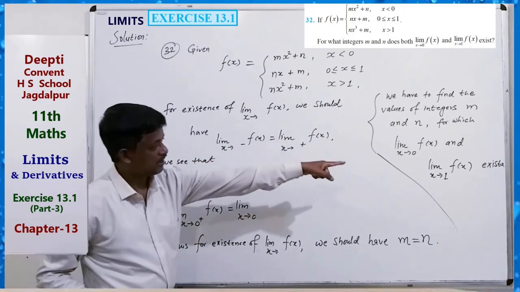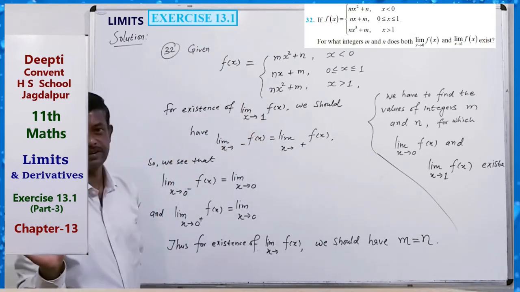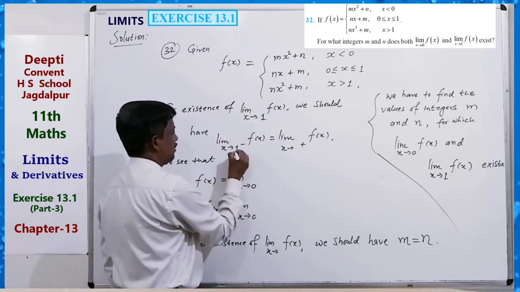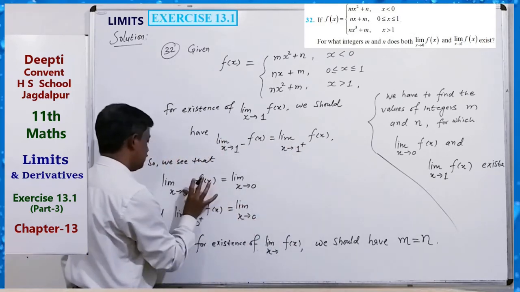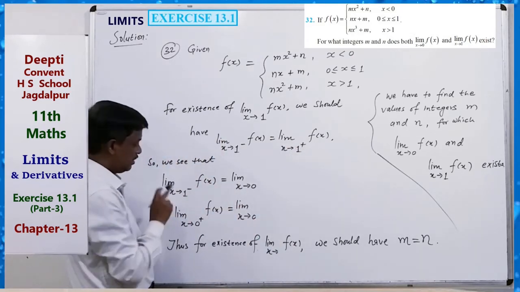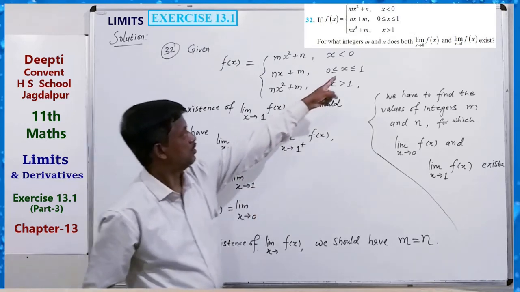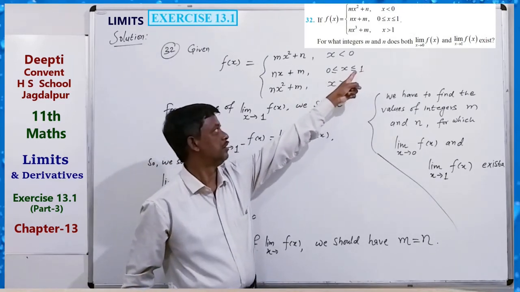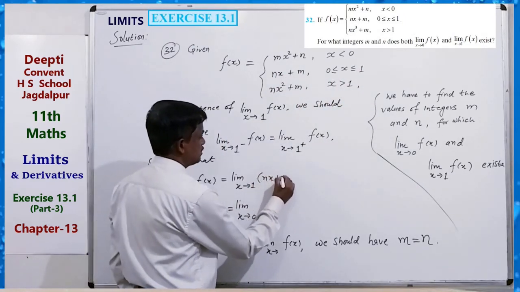Same process for x tending to 1. For existence of this limit we should have the left hand limit at 1 equal to the right hand limit at 1. So find the left hand limit at 1, that means the left side of 1, nx plus m.